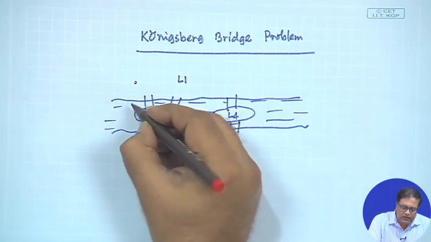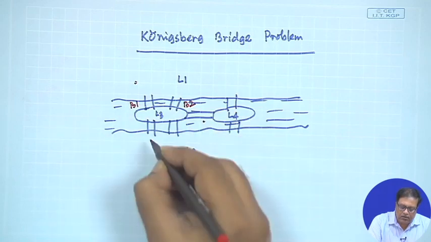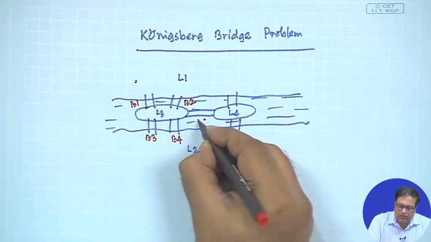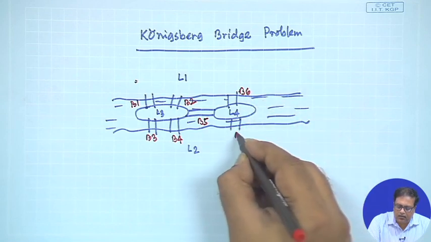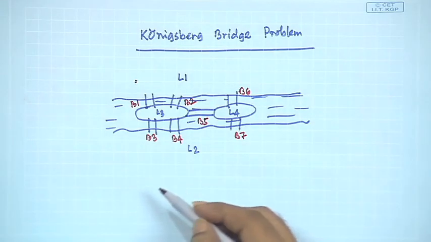There is a B1, this is B2, this is B3, B4, B5, B6 and B7. So, there are 7 bridges, they are available in this particular river, and connecting the 4 land masses.